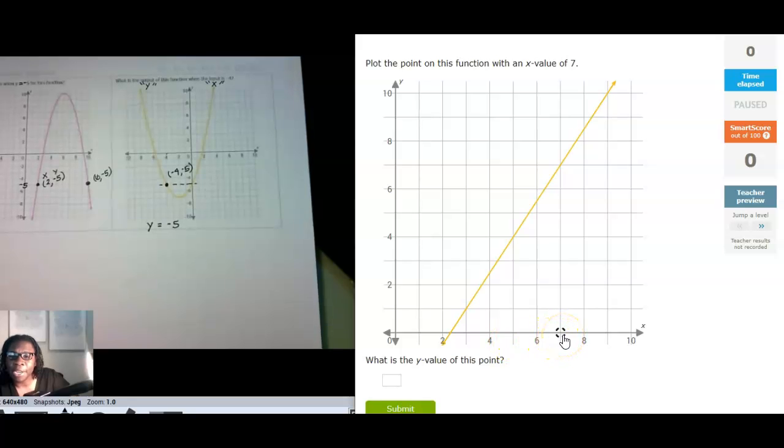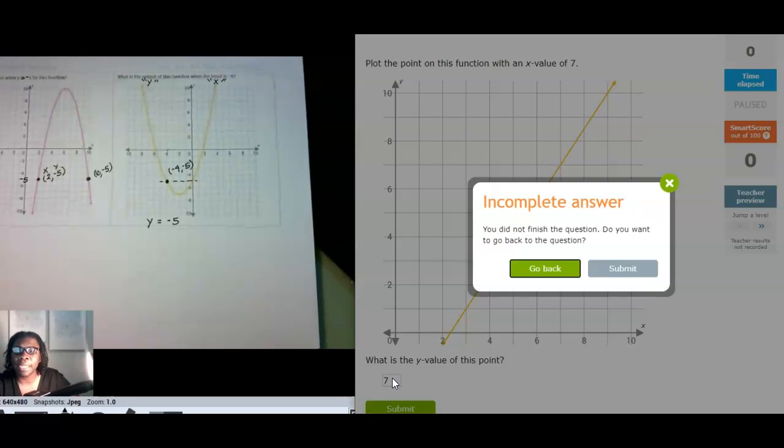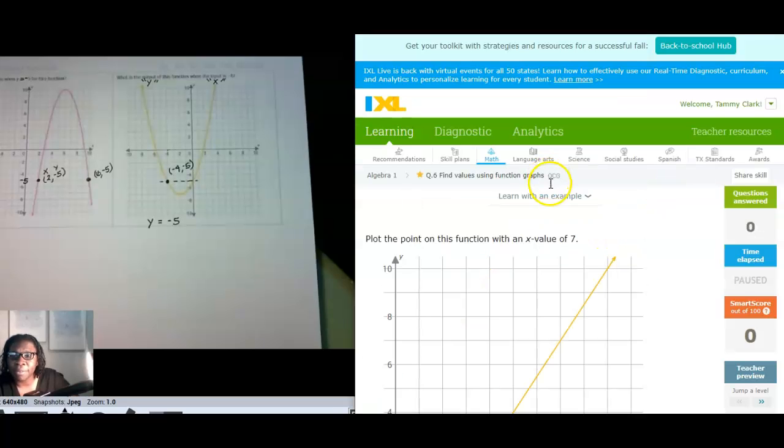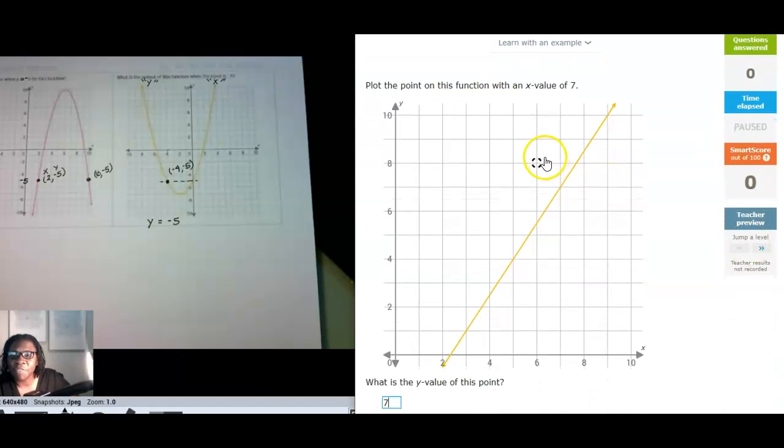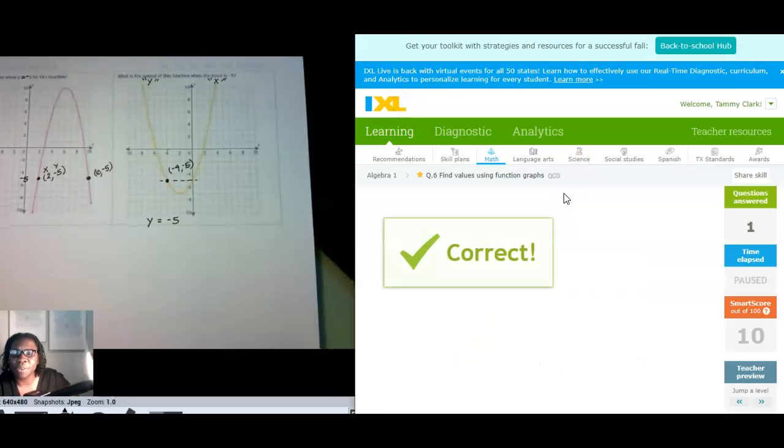Then from here, we're going to go up until we hit the graph, the linear function. We hit the linear function at 7, so we're going to put 7 here and hit enter. Oh, I forgot to plot the point. I'm so glad IXL gives you a chance to fix it. Okay, so I'm supposed to plot the point there and then hit enter.